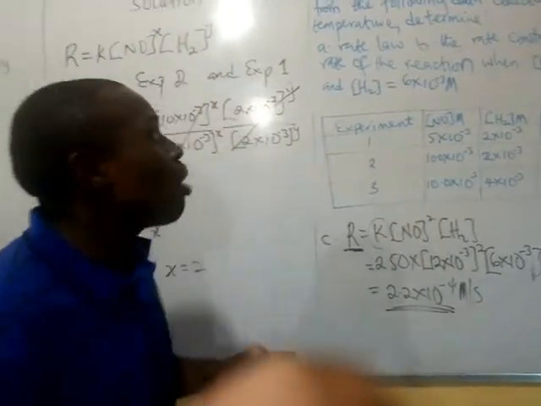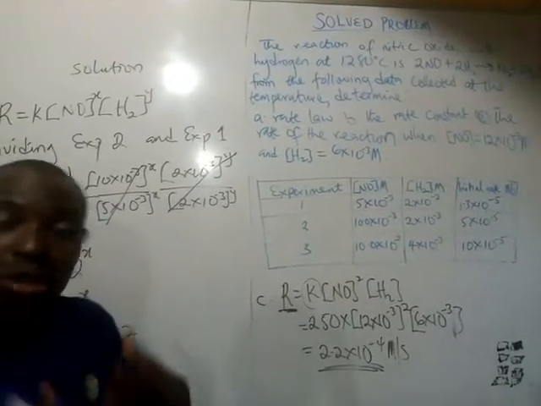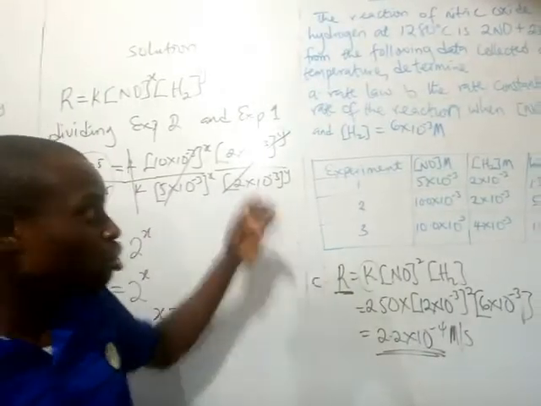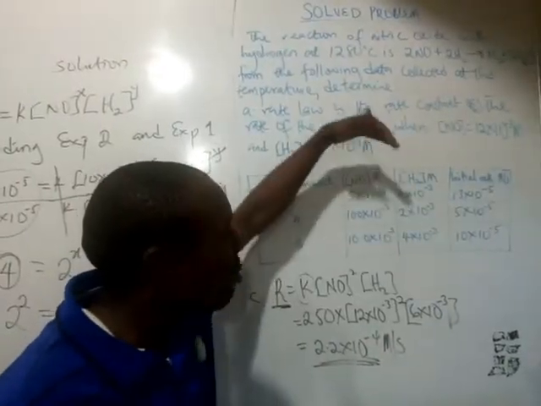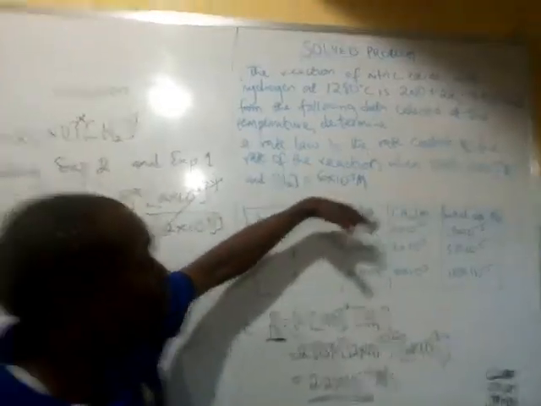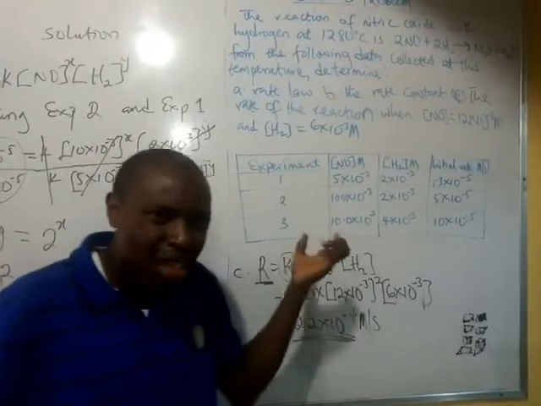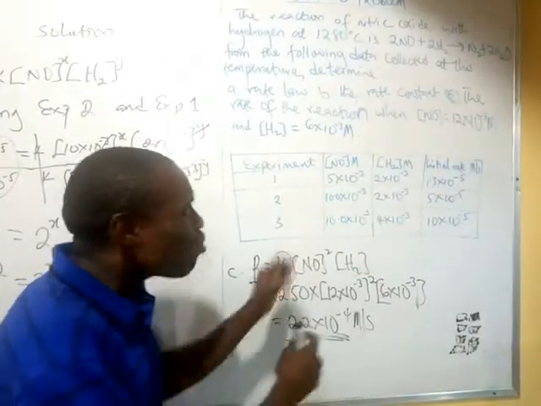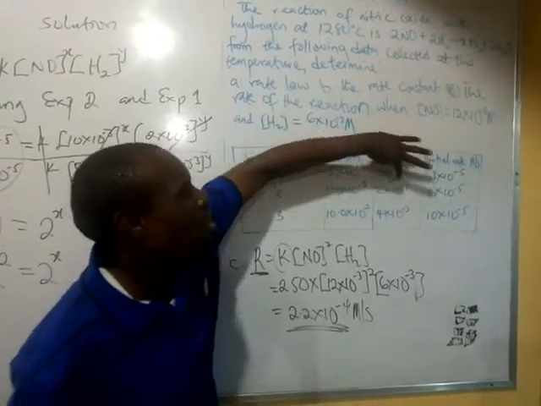So please, you have to go through them over and over again to understand them. We have shortcuts for them. In some cases, if you see data from a given reaction, try to look at it. At what point do we have any of the reactants that is constant?